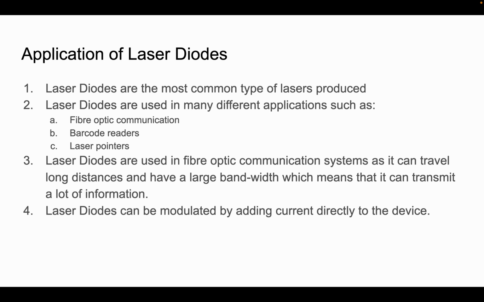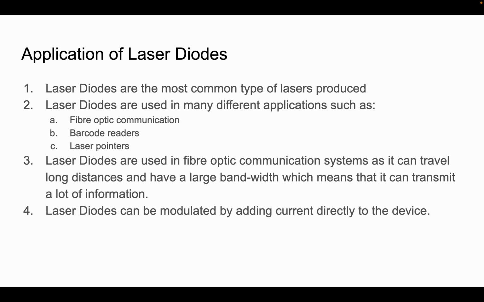Okay, moving on to the applications of laser diodes. So laser diodes are actually the most common type of lasers produced. Laser diodes are used in many different applications such as fiber optic communication, barcode readers, laser pointers, etc. The reason why laser diodes are used in fiber optic communication systems is mostly because it has a large bandwidth, which means that it can carry a lot of information, and it's easy to transmit data using laser diodes over long distances.